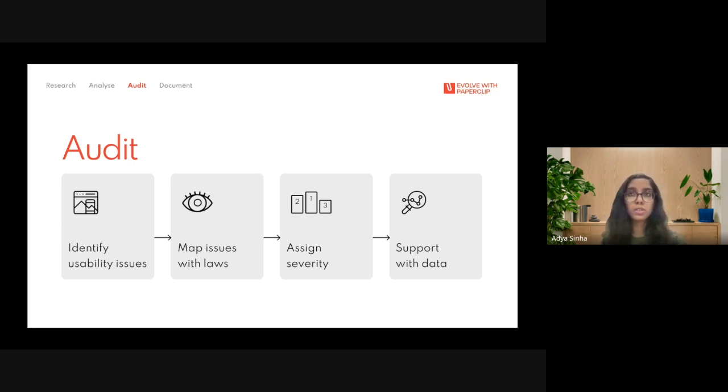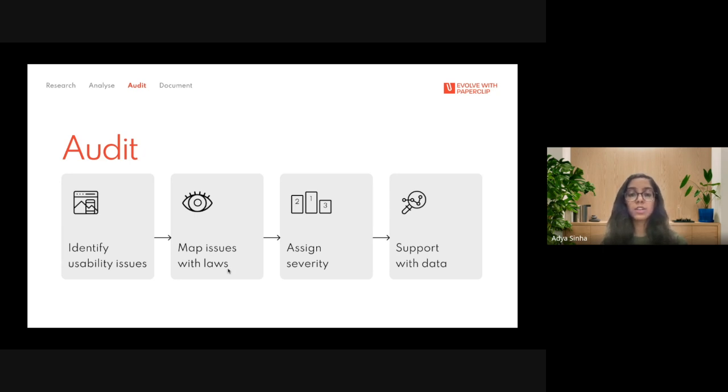While you're observing, make sure you do it from both the user's perspective and the design perspective, keeping biases aside. As you observe each screen, identify the usability issues and map each of these issues with established laws and principles.